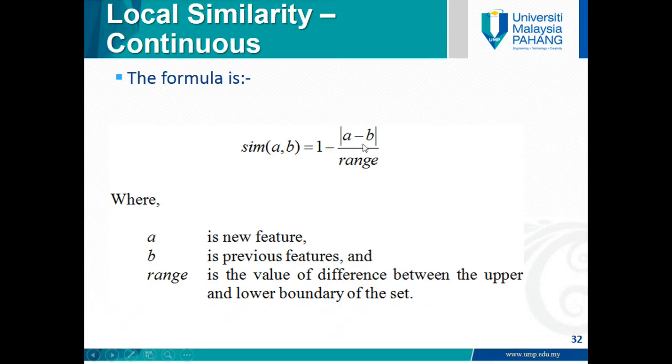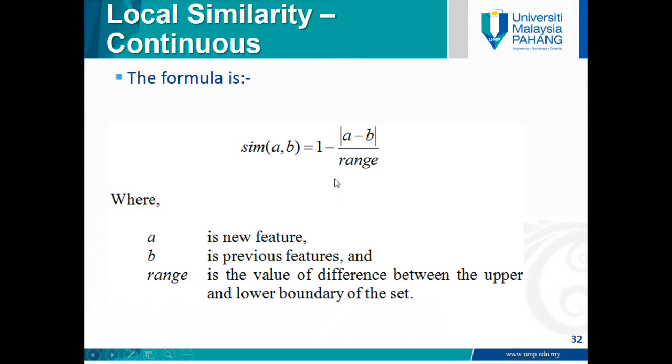For example, if the value of attribute A is equal to 3 and the value of attribute B is equal to 4, then it will be 3 minus 4, which definitely gives us minus 1. But since we have an absolute value here, the outcome will be 1. That is what we mean by the absolute.